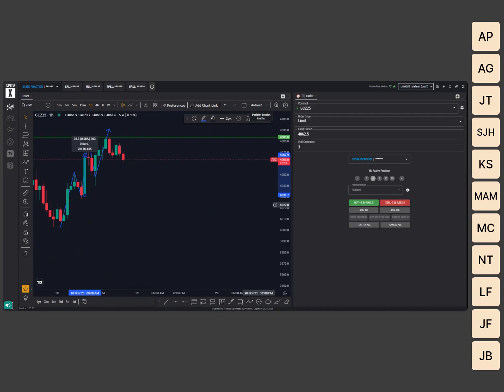For trading regular gold, 1 pip is worth $10. So this one candle is 363 times 10. That one candle is valued at $3,630.